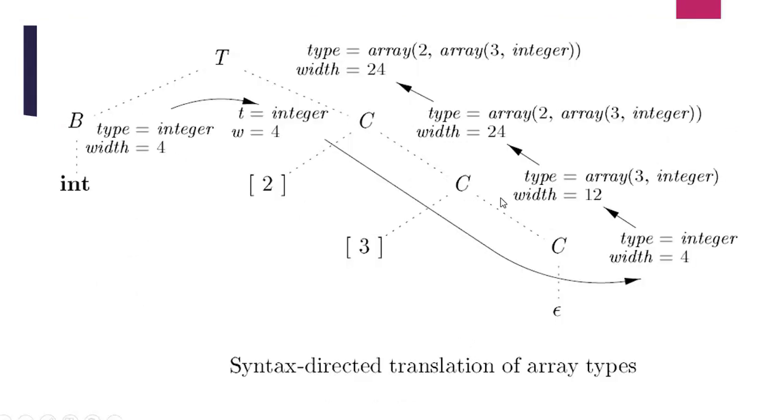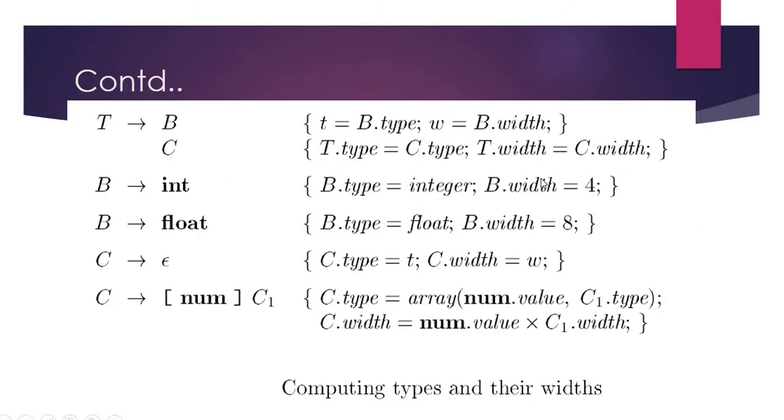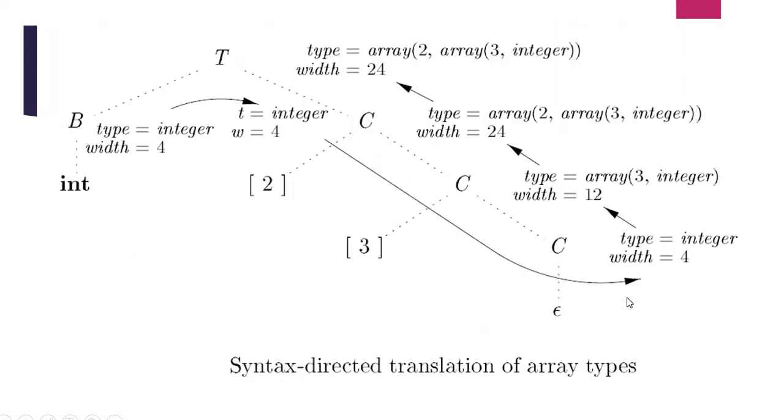Here, if you observe, array of the type whatever we have used, c1.type we are using here. If you observe, this is c, this is c1, and this is c2.